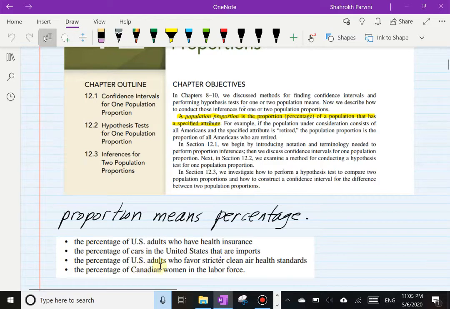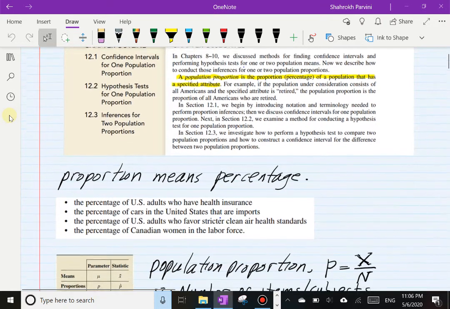Percentage of U.S. adults who favor stricter clean air health standards. And the percentage of Canadian women in the labor force. So again, it could be any percentage. We could, for example, say we're interested in the percentage of the students that are full-time and working part-time. So it could be any percentage that you may be interested in the population.